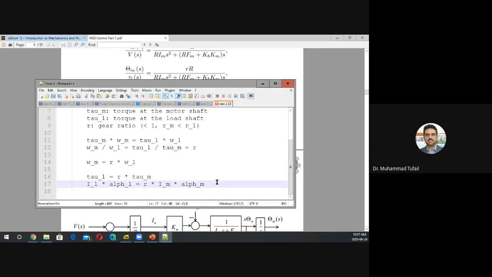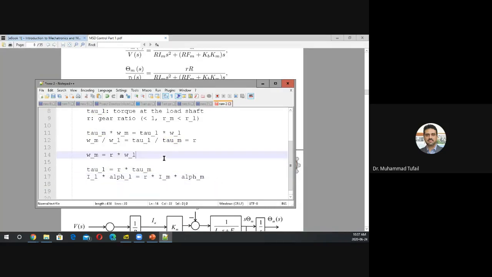And from here I can tell that if this is the relationship between angular speeds, the same is the relationship between angular accelerations. Just take the derivative of both sides.